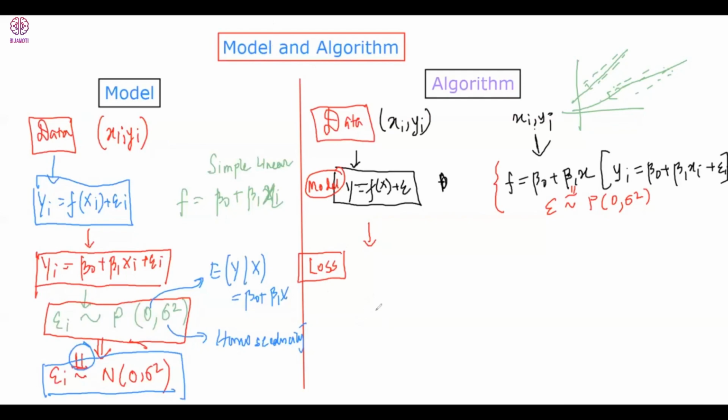That's an algorithm. The least square algorithm tells that we define the loss by the square error loss. Before that I must tell you one thing, that this f has two parameters, so it's actually f theta of x. The theta is the two parameters. I'm telling the scenario of parametric models.